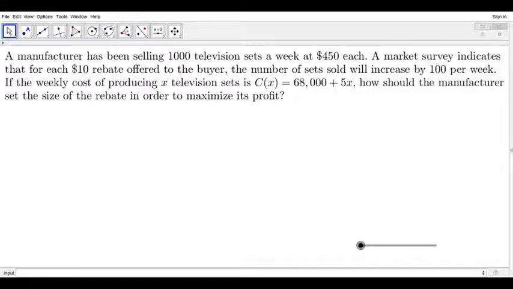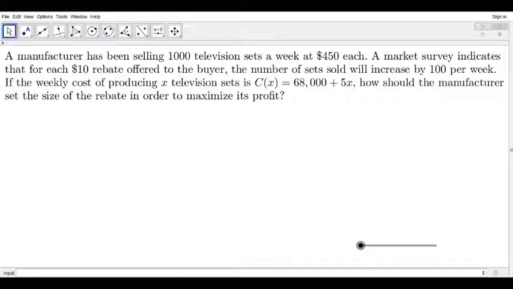Revenue, on the other hand, is the amount that comes into your pocket, and it's based on the actual purchases. So for example, if you're able to sell 1,000 television sets at $450 each, then the revenue would be the product, 1,000 times 450. And then the profit would be the difference, revenue minus cost.